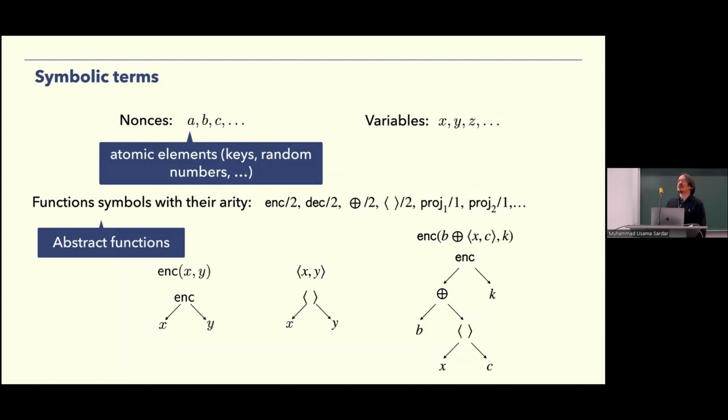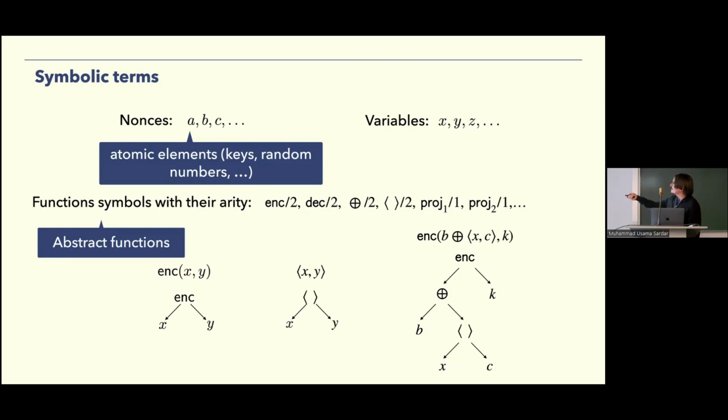When we say, let's generate random numbers that we use as a commitment, in the symbolic model we consider this notion of nonces or names, which are basically just atomic elements. Syntactically, you can think of it as just a letter. We also have variables, of course, to represent, for example, when you're waiting for a message on a channel. And all the cryptographic primitives are expressed using function symbols.